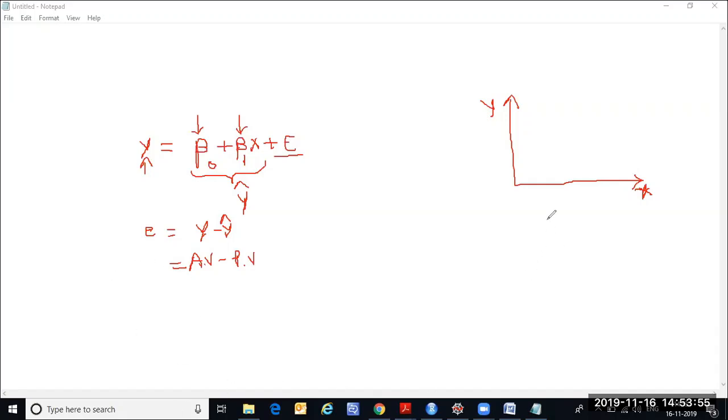So the line which we are drawing, beta naught plus beta 1 x, is also a straight line, but the point at which your line touches the y axis is called the y intercept, which is nothing but beta naught. And beta 1 is the coefficient of x.